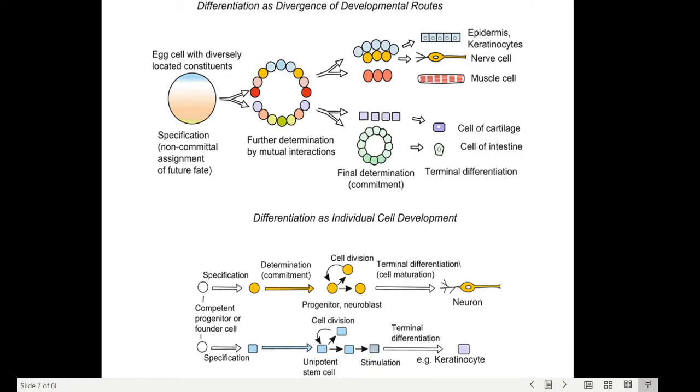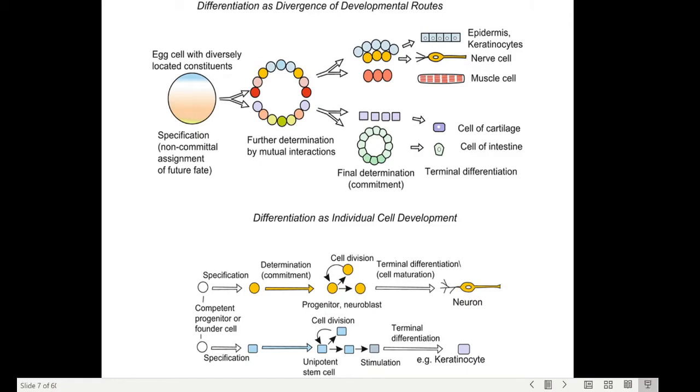In this kind of question they ask directly, in an asymmetric or symmetric way, ascending order, descending order, so there is confusion also. So please understand the steps: specification, determination, commitment, differentiation.